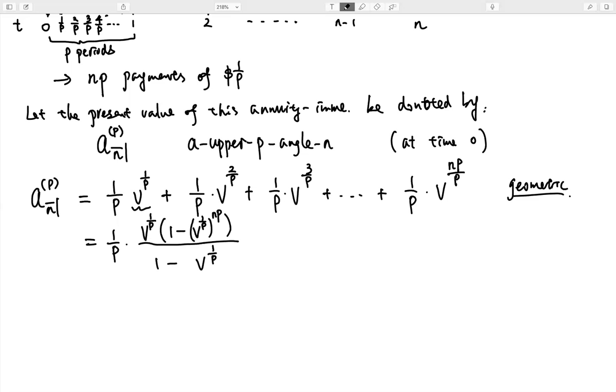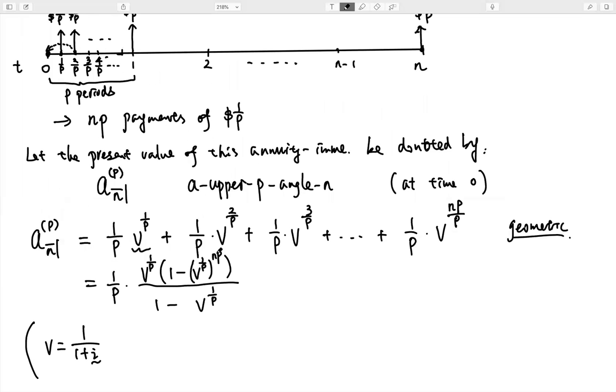Then it's to do the rest of the work of simplifying everything. Let me do a little bit of extra scratch work. What is V? V is the 1 year discount factor, so it will be 1 divided by 1 plus i. Here, this i must be the effective annual rate.